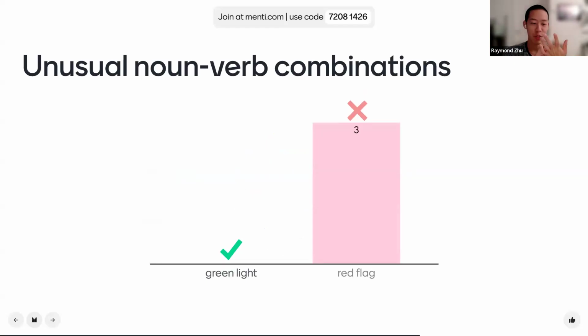Somebody want to explain why they thought it was a red flag? So this is number 2 on the green lights list, I think. Number 1 is sensory details. Number 2 is what we call genius verbs, right? So an unusual noun verb combination.